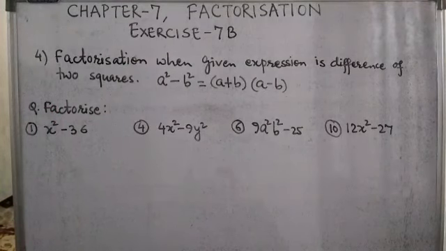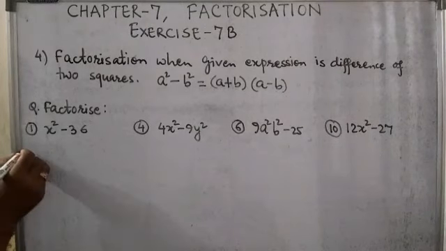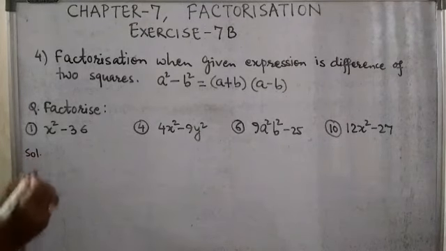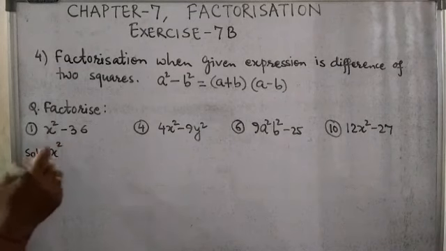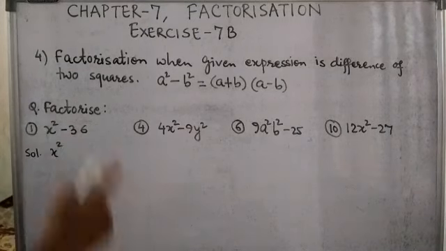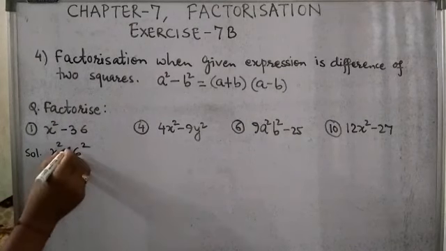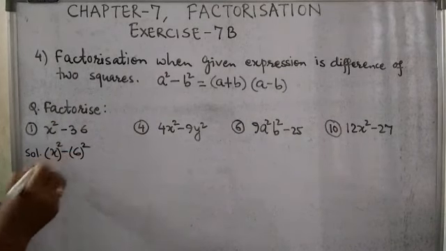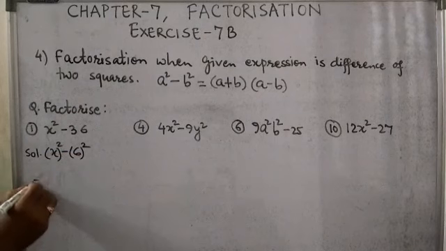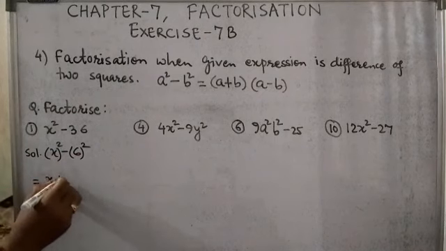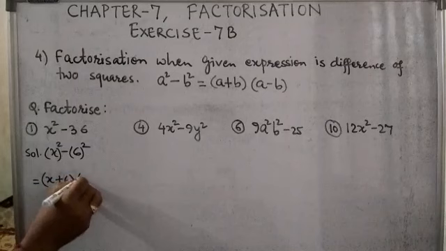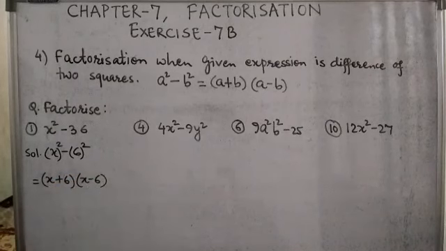Now these are some questions which are purely based on this type of factorization. First of all, x square minus 36, here is the solution. First of all we have to make it a difference of two squares. x square minus 6 square, we can write it, so the solution for this is x plus 6 into x minus 6.